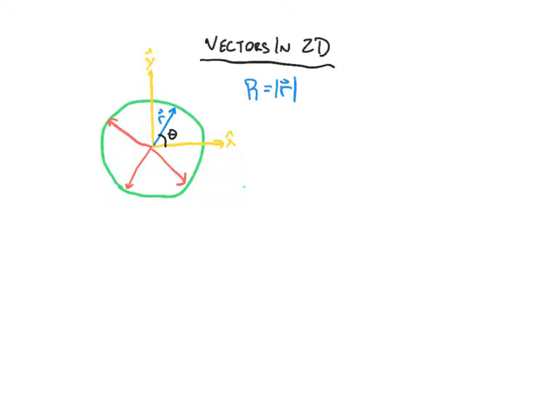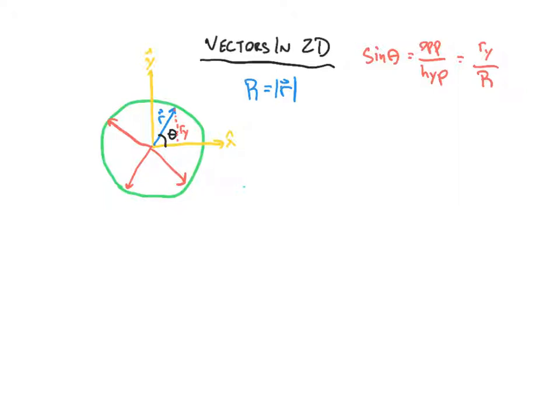Now what about theta? Well, let's see. We know that sine theta is the opposite over the hypotenuse. Okay, so what's opposite theta? Well, that's going to be ry. And what's the hypotenuse? That's capital R, right? That's the radius of the circle.